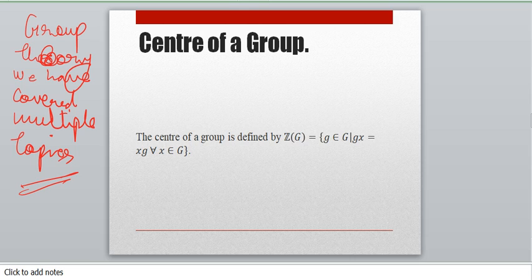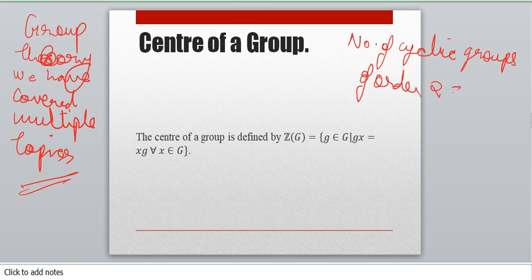And I gave you multiple examples on that Euler's phi function, like how would you find the number of cyclic groups of order 1, like number of cyclic groups of order say 2, which is equal to phi 2 by phi 2, which is equal to 1.